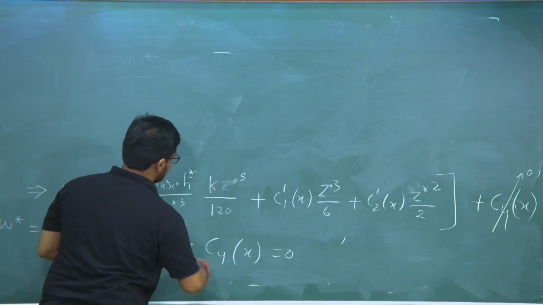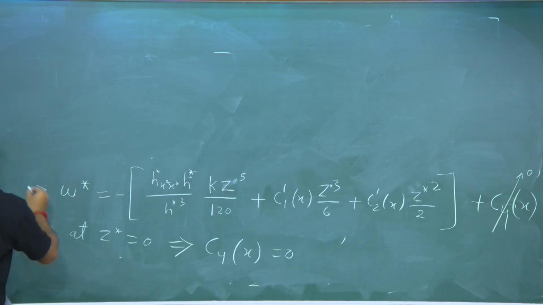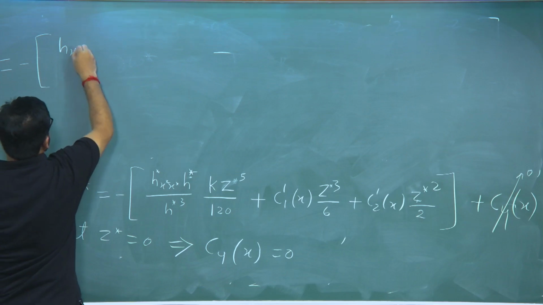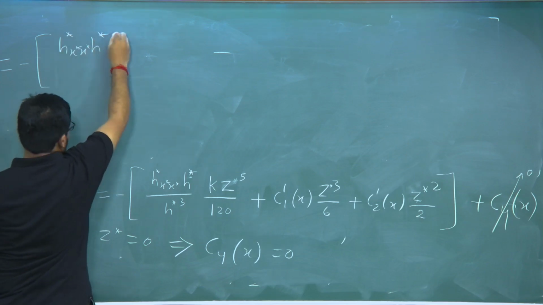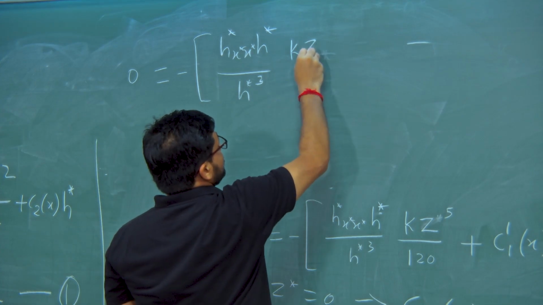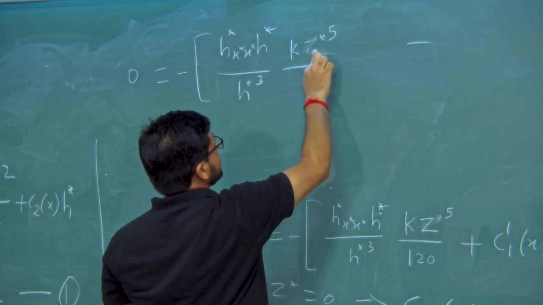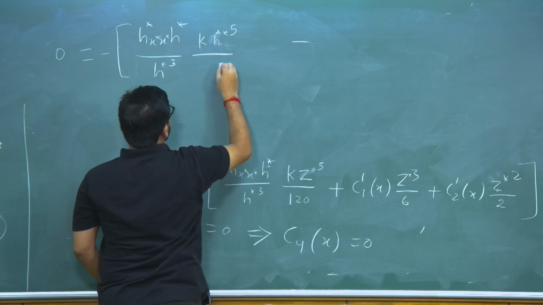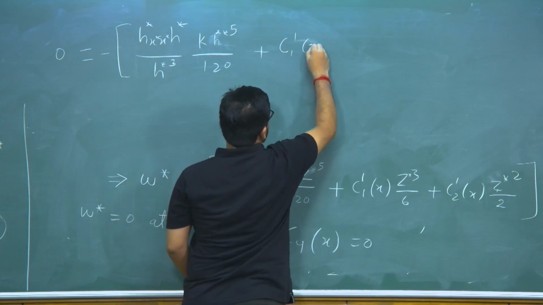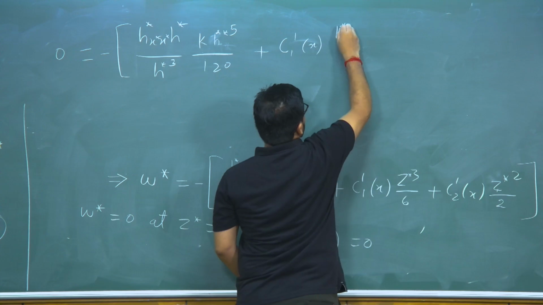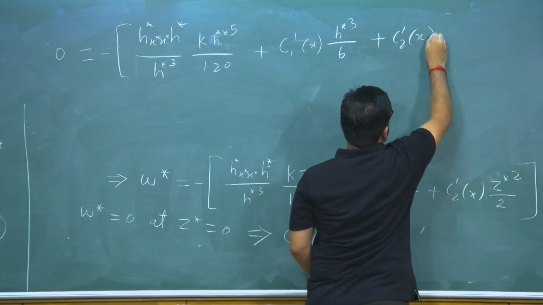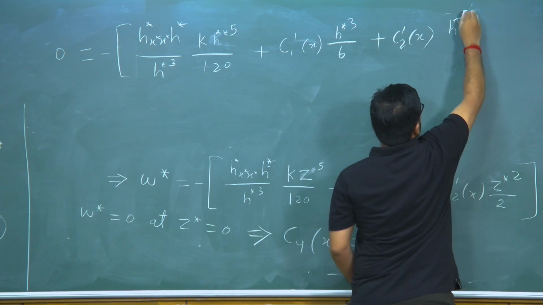So, this will be 0 is equal to minus of h_xx star h star by h star cube into k into z star to the power 5 by 120, where z star is now h star, plus C1 dash of x times h star cube upon 6 plus C2 dash of x times h star square by 2.